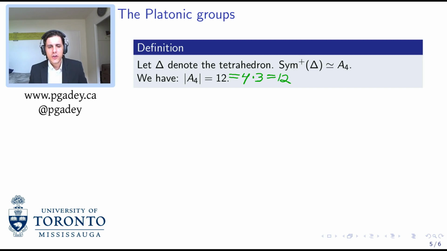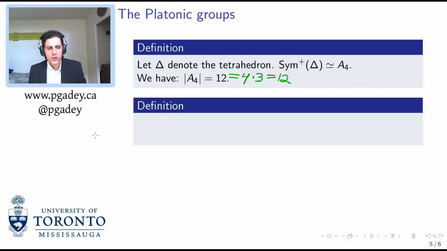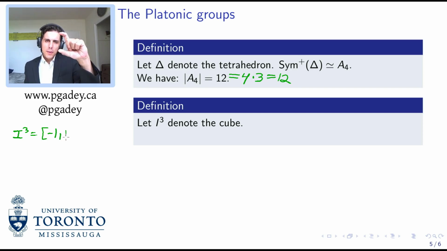Now, let's move on to I3, the cube. The idea for this notation is that we're saying I cubed is like an interval cubed, right? So we take a particular interval, we put it in the x-axis, y-axis, and z-axis, and we get I3, the cube.